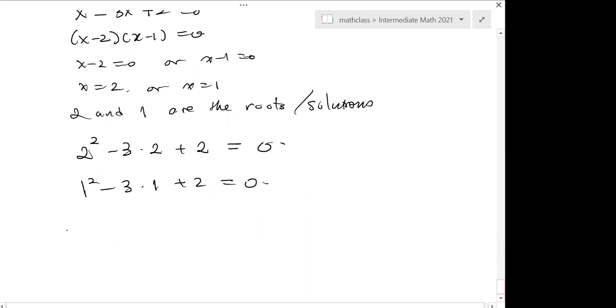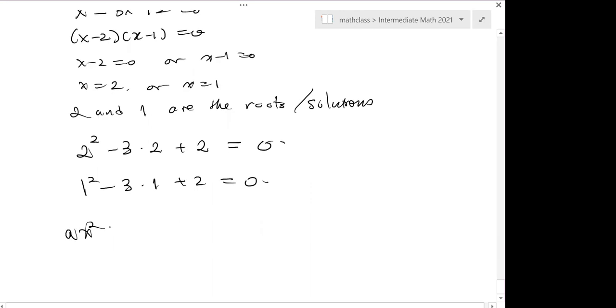Now, in general, and this is another story, suppose you are the first person studying quadratic equations. The question is, are you able to express the roots in terms of a, b, and c, for ax squared plus bx plus c?